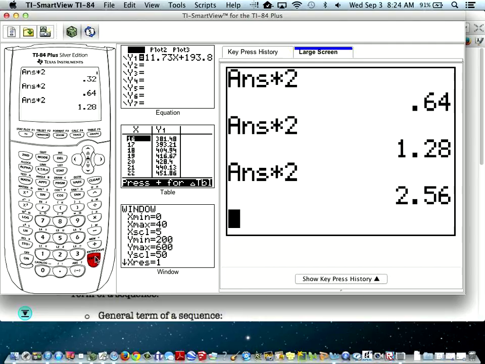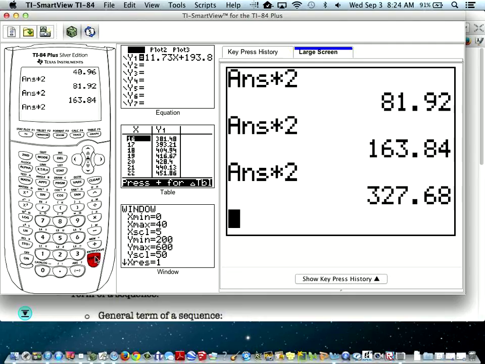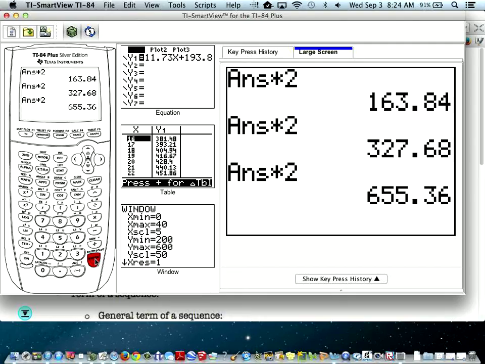8, 9, 10, 11, 12, 13, 14. So we're halfway through the month and one payment is $80.92. 15, 16, 17, 18, 19, 20, 21.